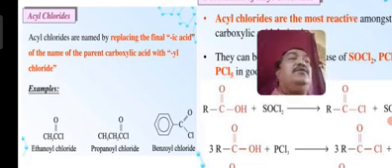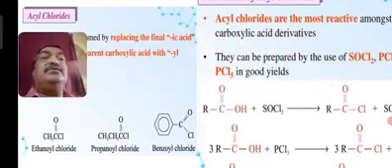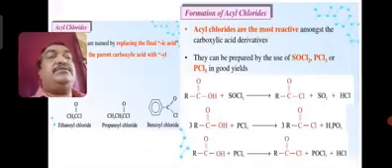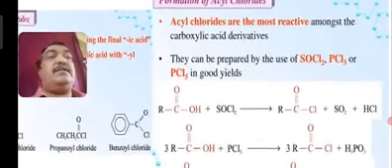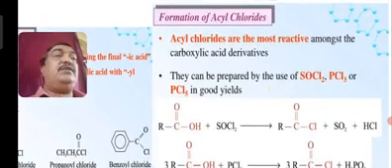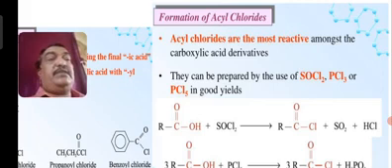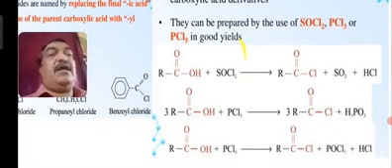So it is called benzoyl chloride. Okay, so here no mechanism, only how these acyl chlorides are prepared. Acyl chlorides are formed by the reaction of carboxylic acid with thionyl chloride, that is SOCl2, PCl5 or PCl3. Let us see here, RCOOH.